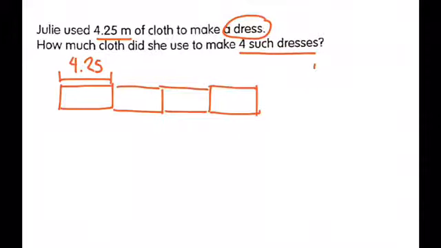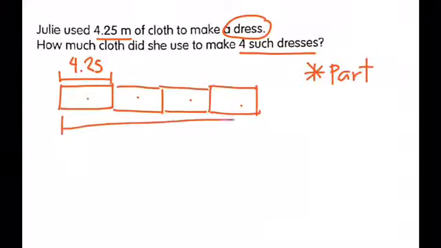This shows you what kind of word problem. Can you guess? This is what we call a part. We have 4.25 and the other given parts. What do we actually need to find out in the problem? We need to know how much cloth did she use for such dresses. So this is a part whole word problem.